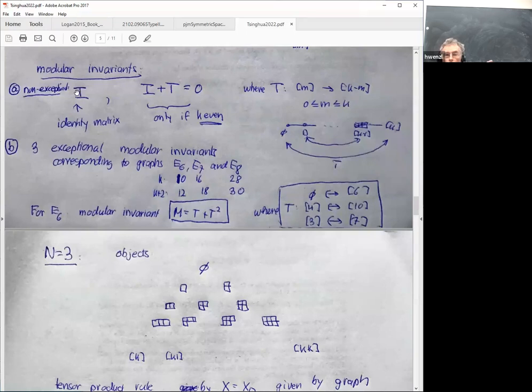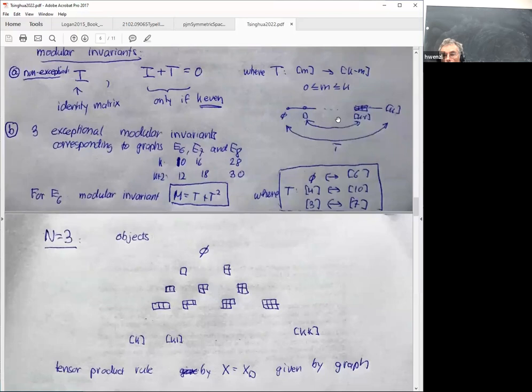The one is, of course, the identity matrix, which is obviously a modular invariant. And the other one is I plus T, where T is the reflection in the middle of this A_{m-1} graph, which you'll see indicated here. And this only works if k is even, but again, this will not be so important.